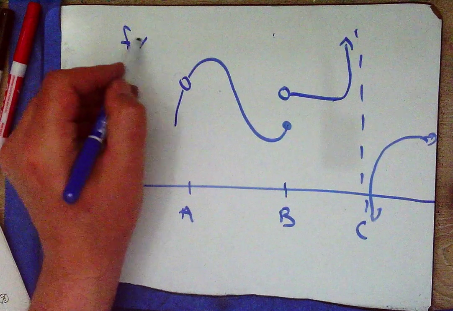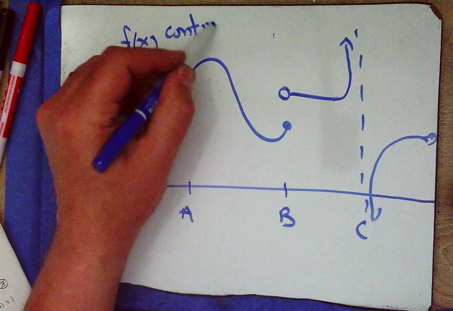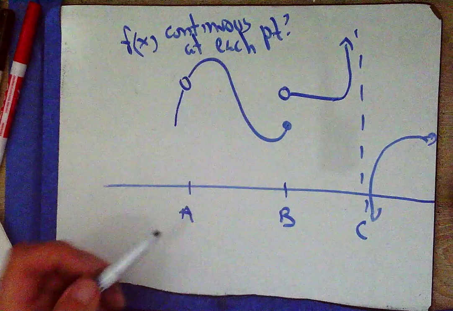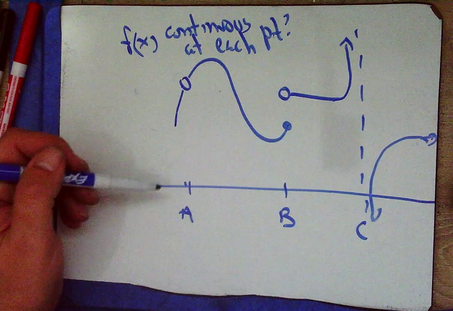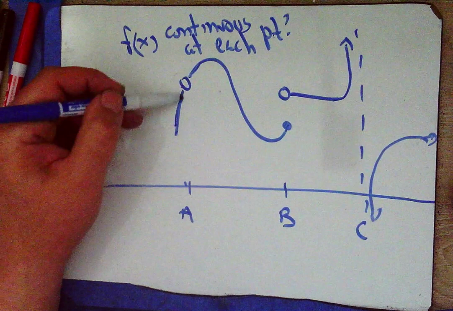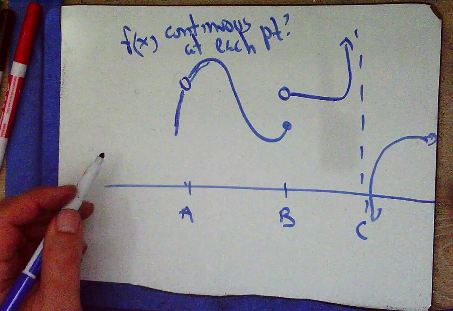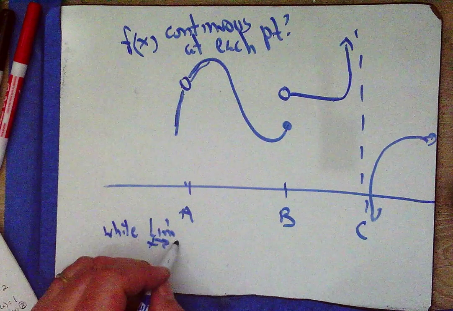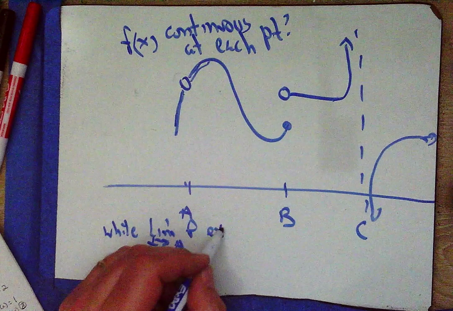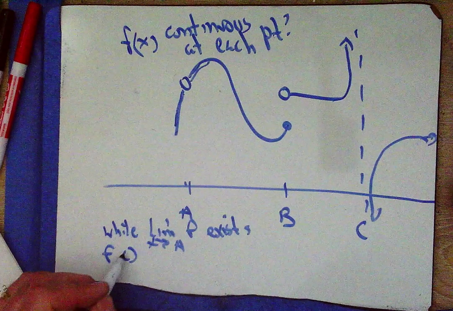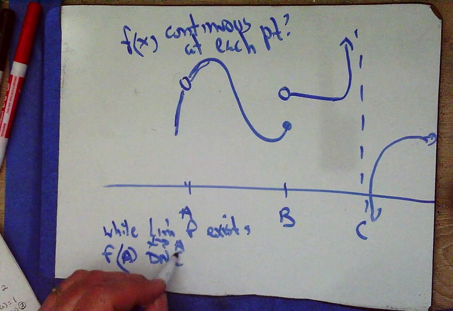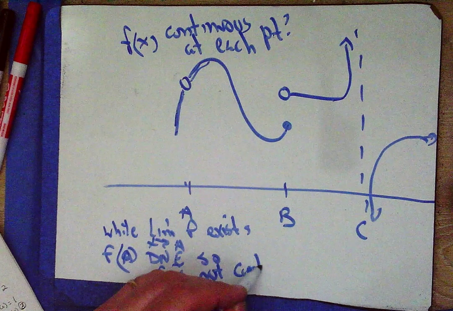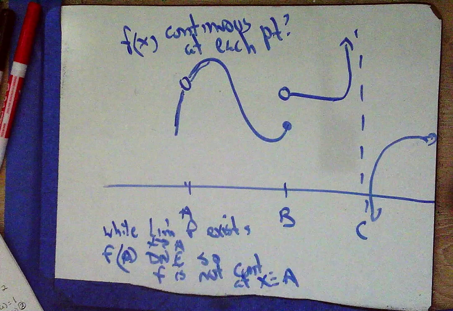Is f of x continuous at each point? So, what can we say about x equals a? Does the limit exist? Am I approaching the same y value from both sides? Yes. While the limit as x approaches a of f of x exists, f of a does not exist, so f is not continuous at x equals a.